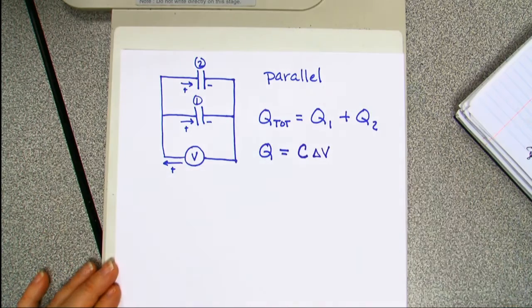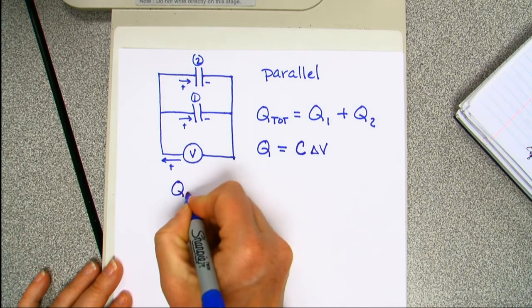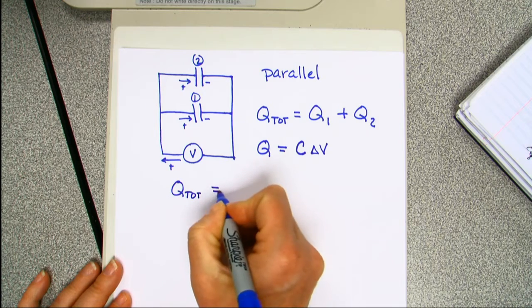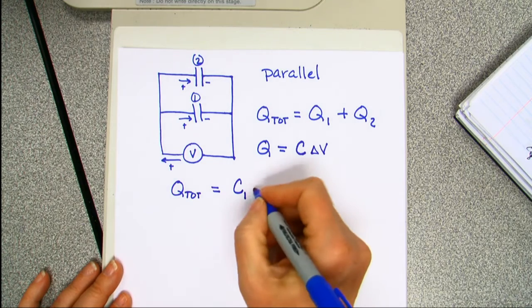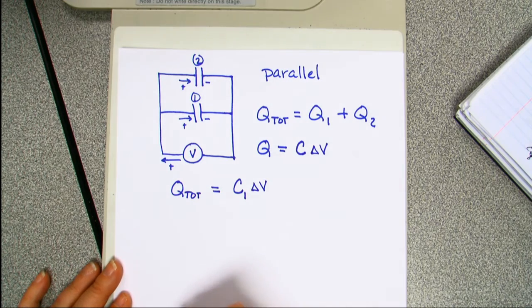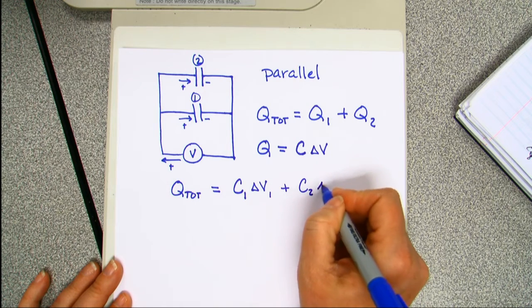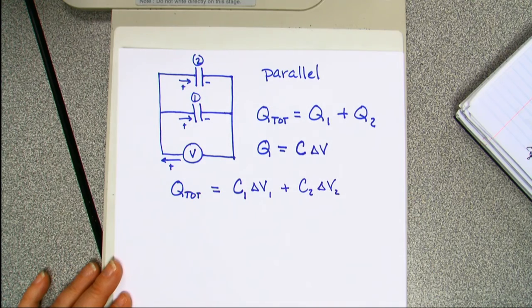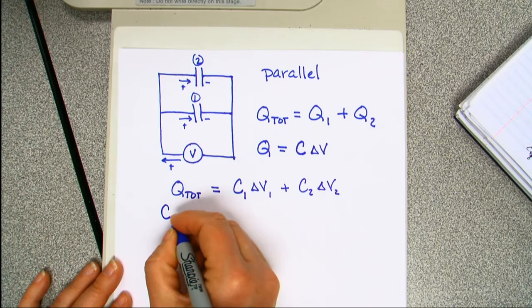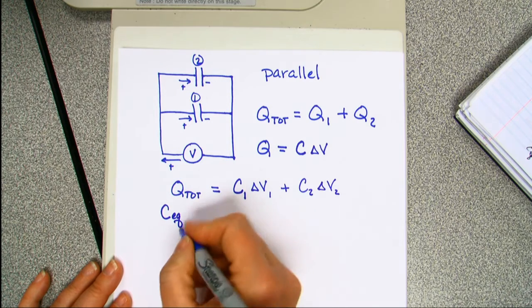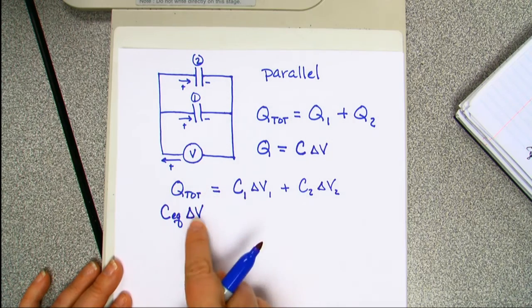So if I rearrange this, my total charge is going to equal the capacitance of 1 times my change in potential, plus the capacitance of 2 times my change in potential. And if I look at this here, I can call this my equivalent capacitance for my system times my change in potential for the whole system. That's this right here, right?